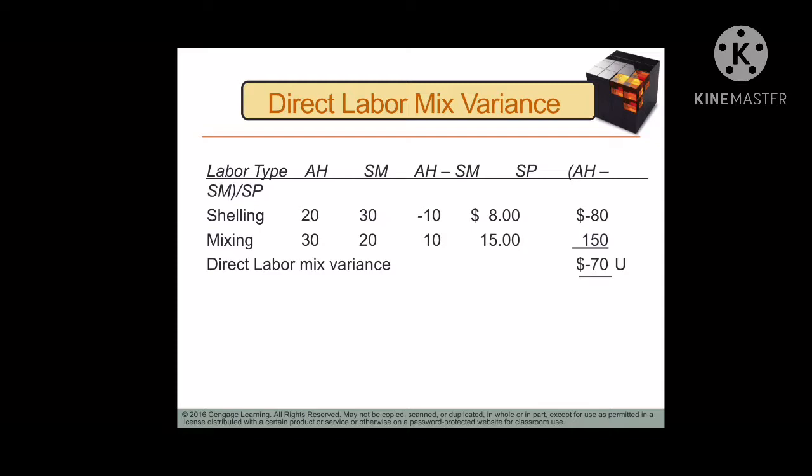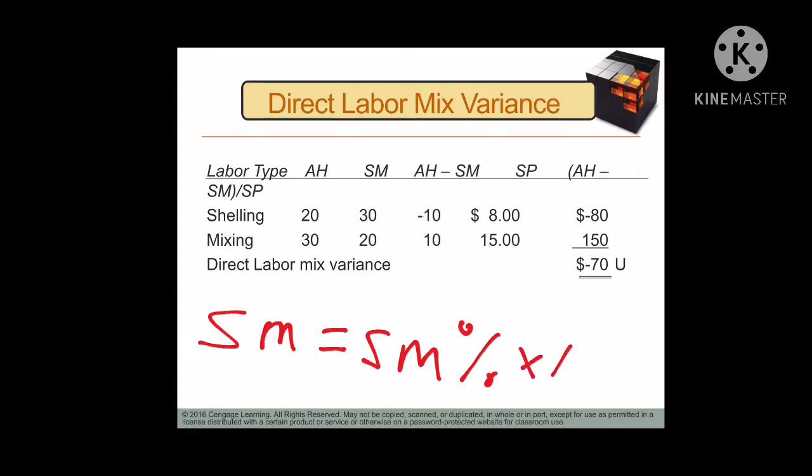Label type shelling, actual hours 20. How to find the standard mix: standard mix equals standard mix percentage times actual quantity. So standard mix for shelling is 30.